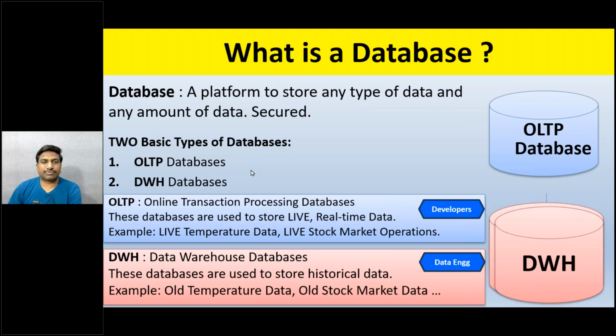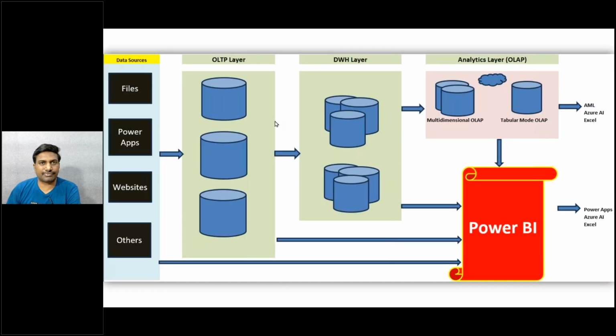data warehouse. What is a data warehouse? It is a platform to store big data, a platform to store old inactive data. On my screen, the birthplace of data: files, maybe Excel, CSV, flat files, Parquet, JSON, or XML, anything, or apps, websites, IoT, one of our class examples, Internet of Things.